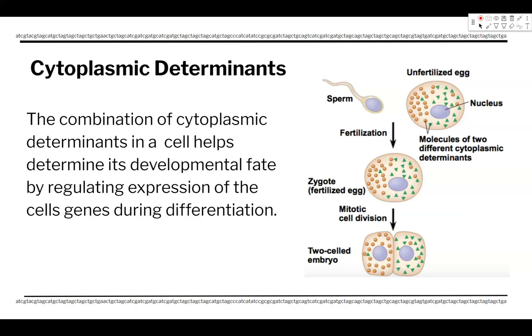And as you can see, we've got mostly those spherical cells over here and mostly those triangular cells over here, or molecules, sorry. And those molecules can regulate which genes are expressed in that cell and can kick off, hey, this cell might go on to be placenta, and this cell might go on to be actual embryo.